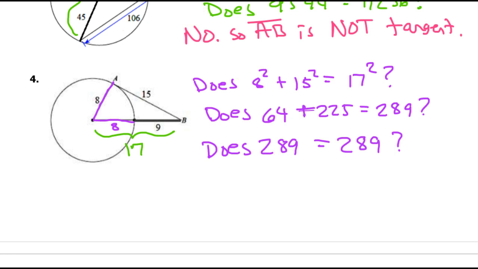Does 289 equal 289? Yes, sir. So, therefore, segment AB is tangent.